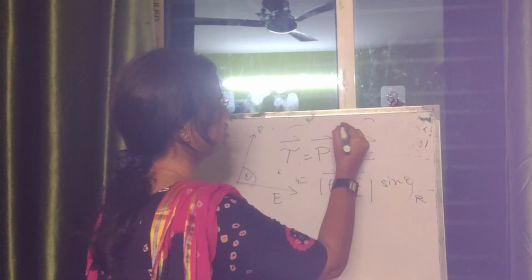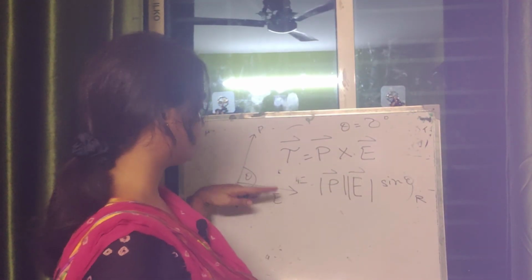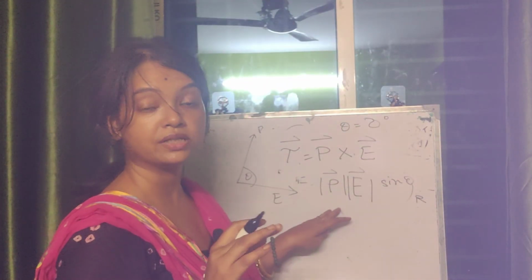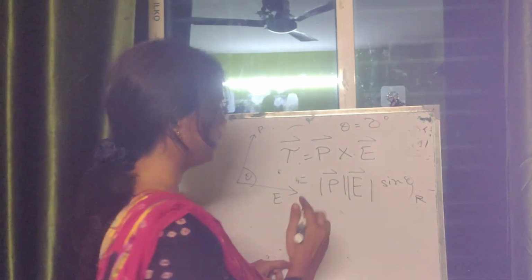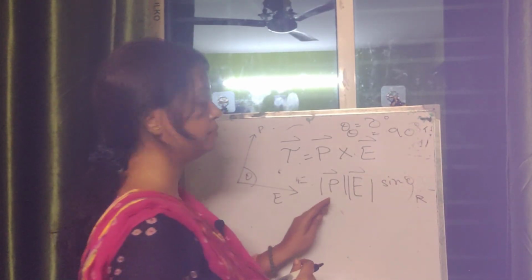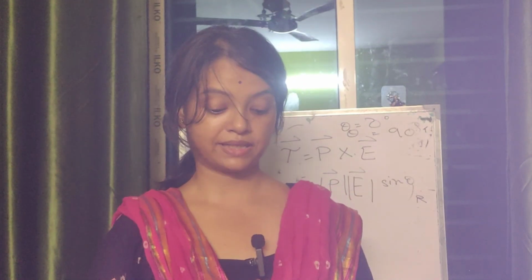At theta equal to 0, that is, whenever there is no angle between P and E, at that time tau is also 0, that is, the torque is minimum, and at theta 90 degrees tau will be PE. At that condition the torque will be maximum.